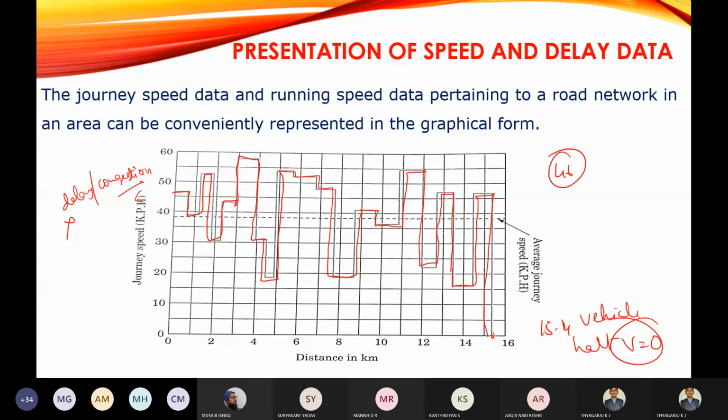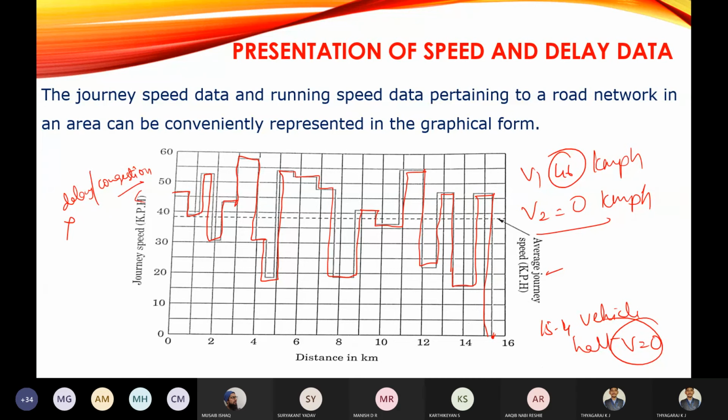Whenever it reaches the destination, the final speed is 0 kmph. So initially the speed is 46 and the final speed is 0 kmph, and there is a variation in the speed in the middle of the distance. This is how we represent the speed and delay data.